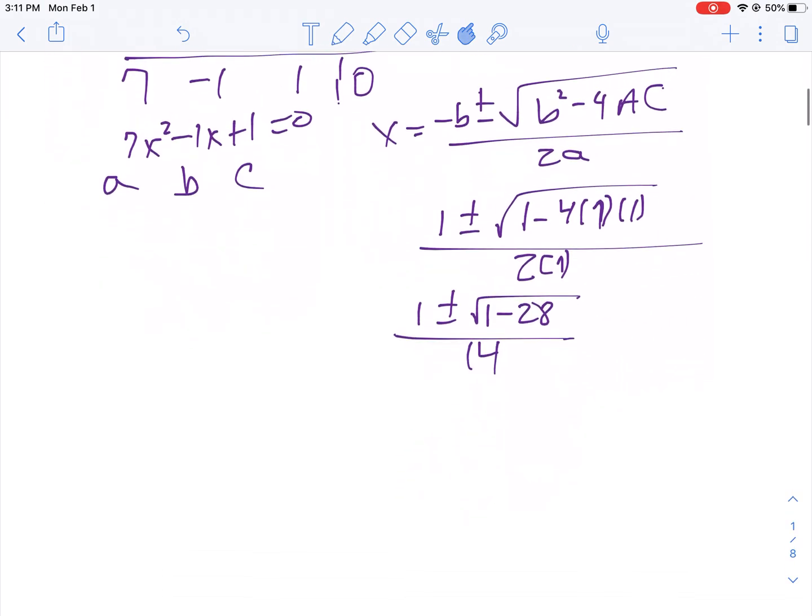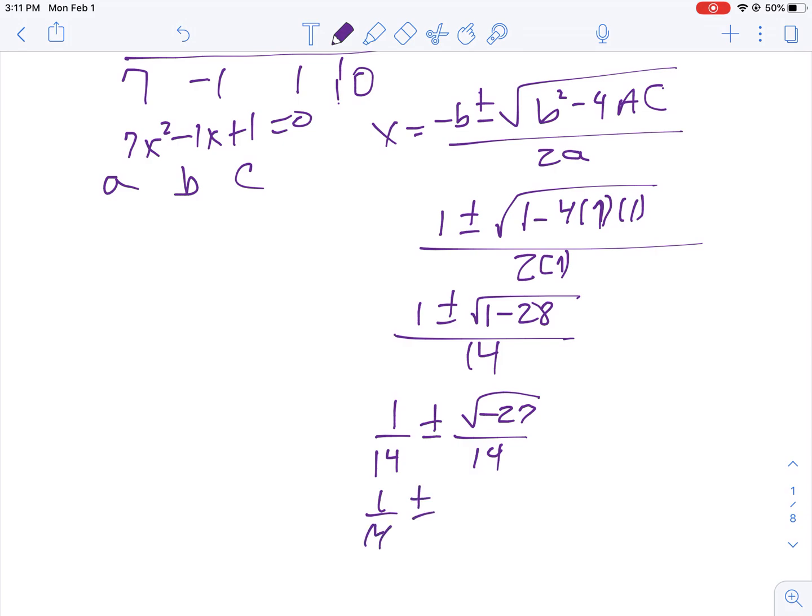You can simplify that a little bit more. 1 over 14 plus or minus the square root of 1 minus 28, which would be negative 27, all over 14. Well, it'll be 1/14 plus or minus, I know I have an i, so it'll be i times something.